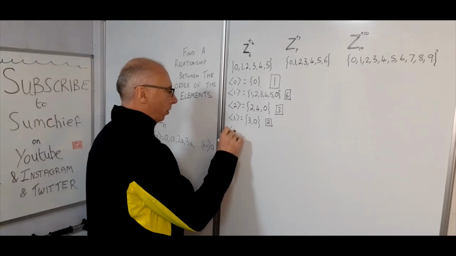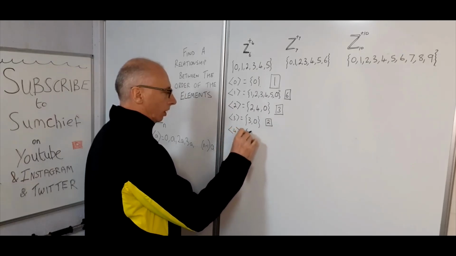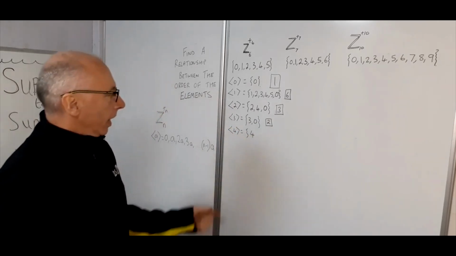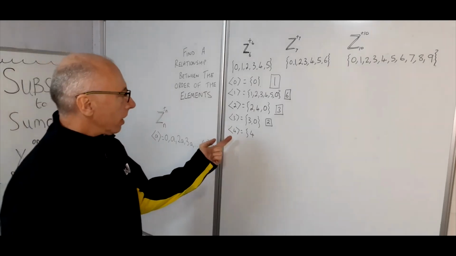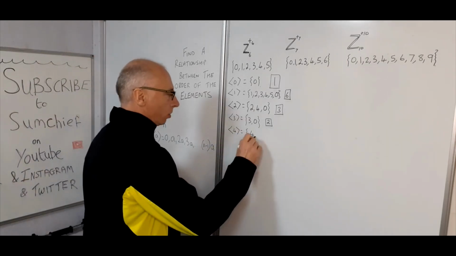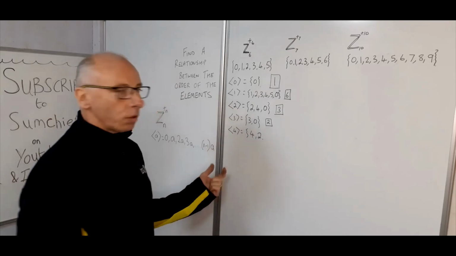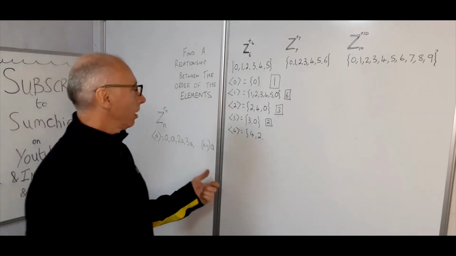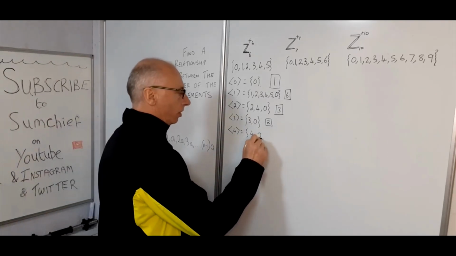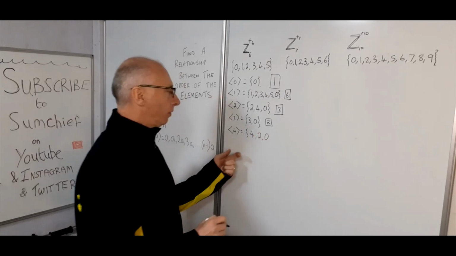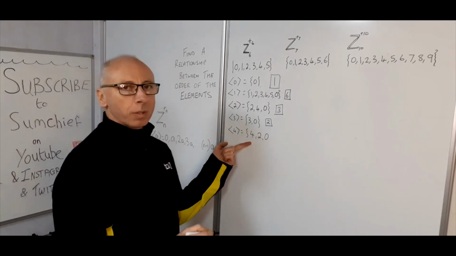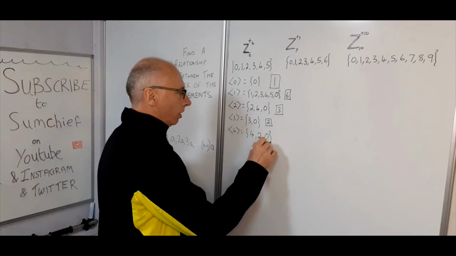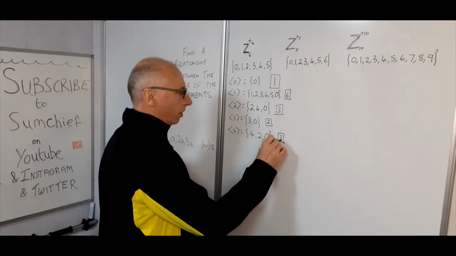Now what about 4? 4 plus 4 is 8, modulus 6 gives us 2. 2 plus 4 is 6, modulus 6 gives us 0, and then we add 4 onto 0, and we end up back with the original element. So this one we can see is order 3.